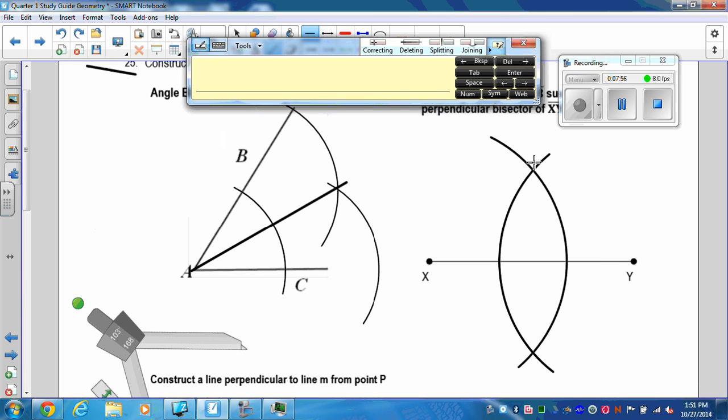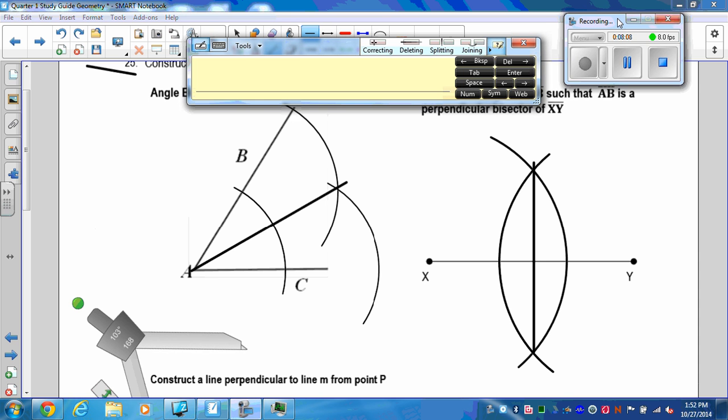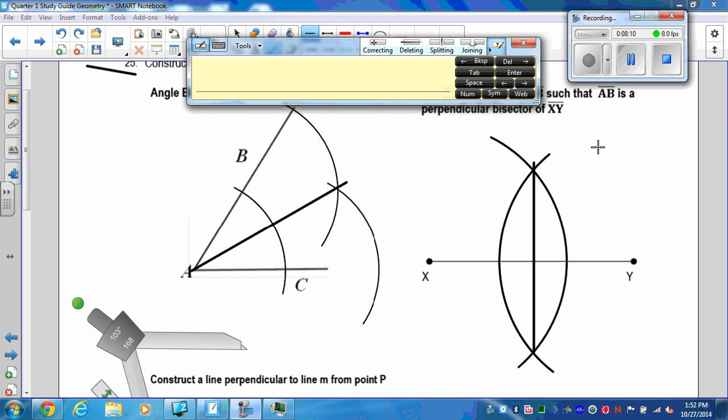And so now we're going to draw this line segment. And so here we have the perpendicular bisector, AB, such that it bisects XY. So this is 90 degrees, and this line segment is the same measure as this line segment.